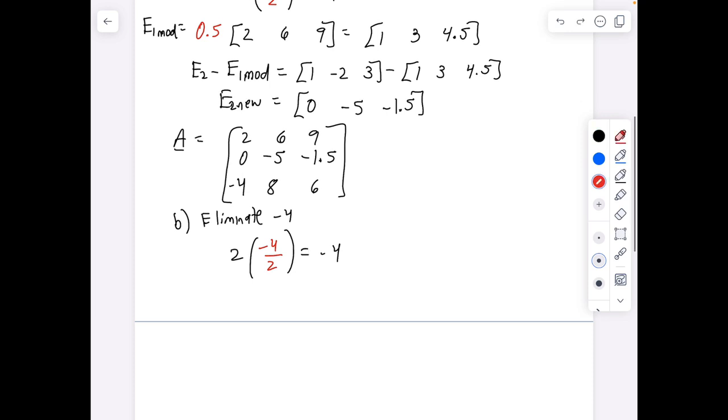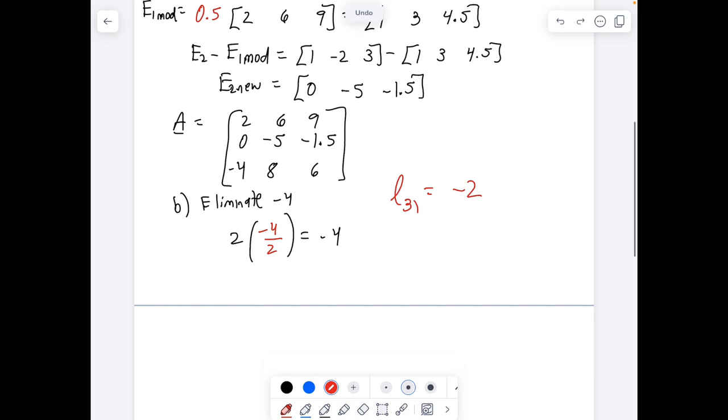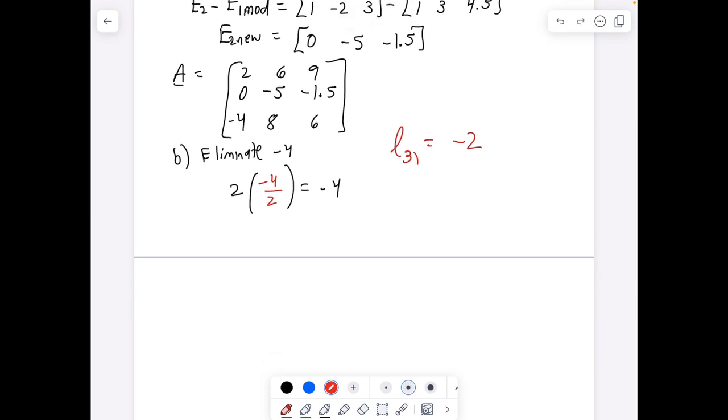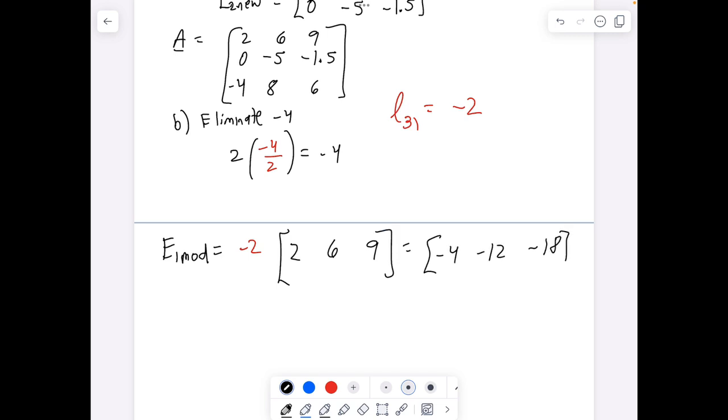And this will end up being our L, and what are our subscripts there? 3, 1 will be -2, right? Because this is -2. Okay, so what we're going to do now is take our row 1 and modify it. We'll multiply it by -2. And our row 1 is 2, 6, 9. And that becomes -4, -12, -18.